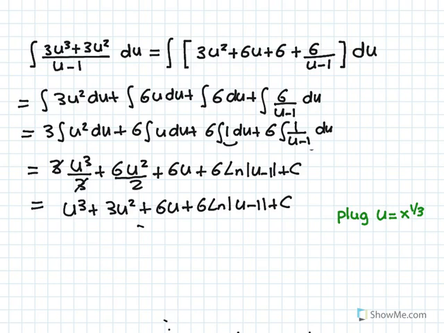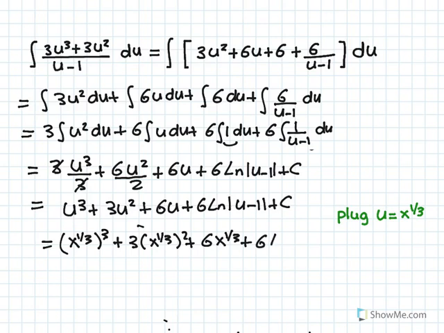Now let's put u back in. u is x^(1/3). So what we get is (x^(1/3)) all cubed plus 3 times (x^(1/3)) all squared plus 6 times x^(1/3) plus 6 log of x^(1/3) minus 1.